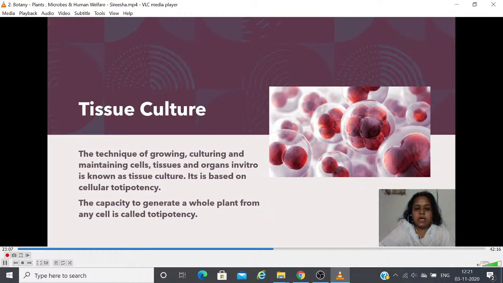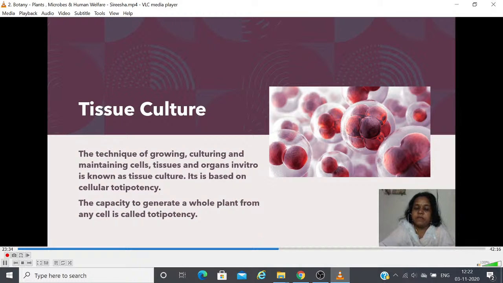Now we will learn another technique, tissue culture. Till now we learned that for the desired qualities we want in plants, we are using the technique of plant breeding. Now this is another technique called tissue culture. Here there is no need for selection of parents or their seeds. We can just collect one plant in which all the desirable characters are present.